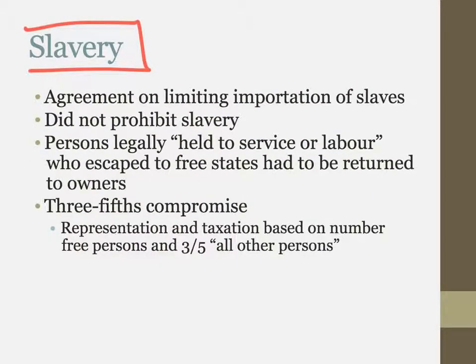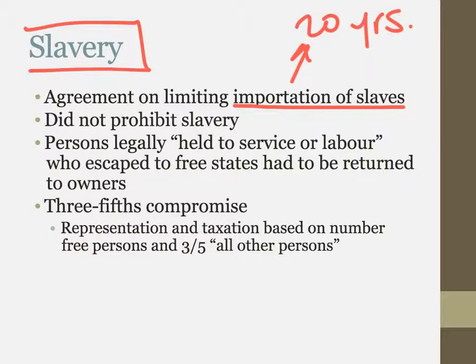Slavery, big problem. All right. They are able to agree on the importation of slaves, although they put a 20-year hiatus on this. So after 20 years, Congress could ban this, but that gives slave owners time to adjust and to prepare for it.